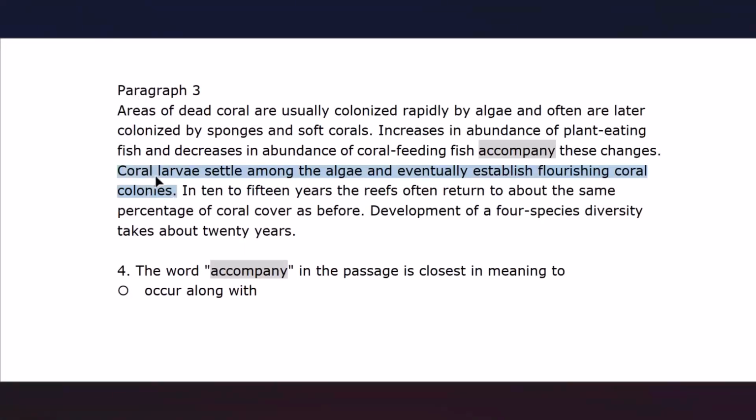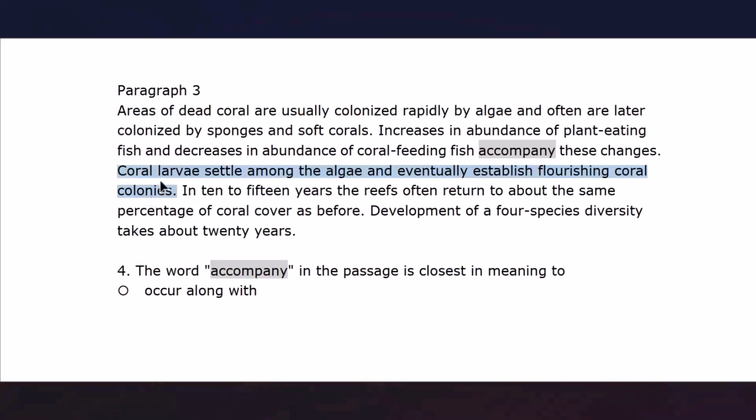In paragraph 3, this sentence discusses coral larvae and states that coral larvae settle among the algae and eventually establish flourishing coral colonies. Coral larvae settle among the algae colonizing the areas of that coral, areas where coral thrived, but acanthasters destructed, and now algae colonized.